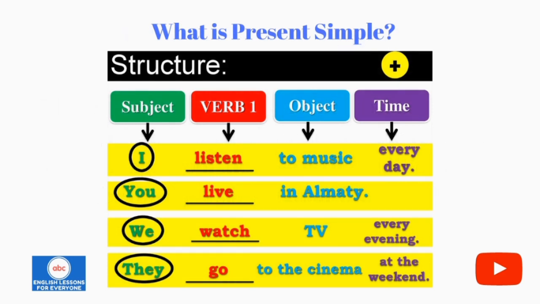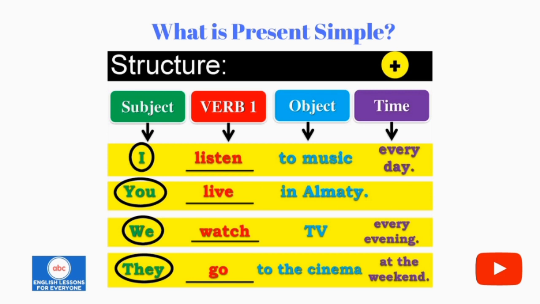As we can see here, the structure is as follows. We have the subject, such as I, you, we, they, and then the base form of the verb, which we can call verb 1, and then the object and of course the time.